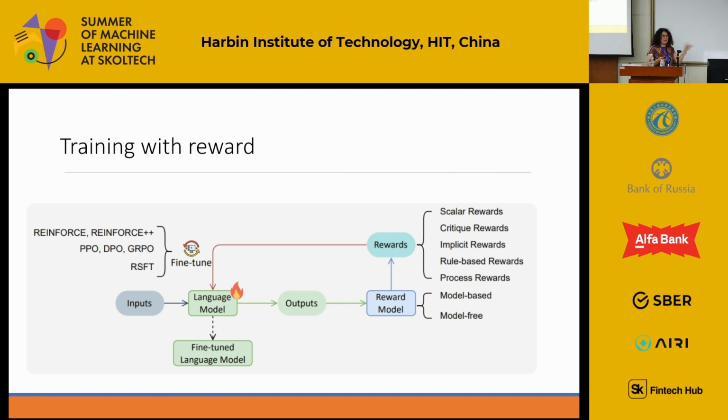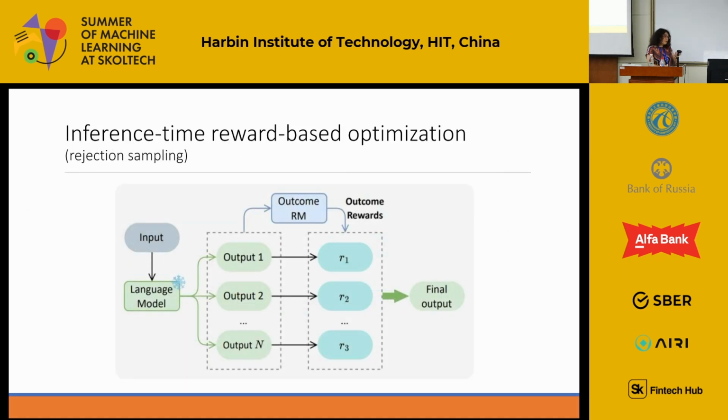Process reward checks the reasoning chains. And also what Maria talked about, we can use reward directly or train a reward model which imitates, for example, humans. Actually, these methods are currently widely used for training modern LLMs. And another thing is that even reward could be used without training, without updating model weights.